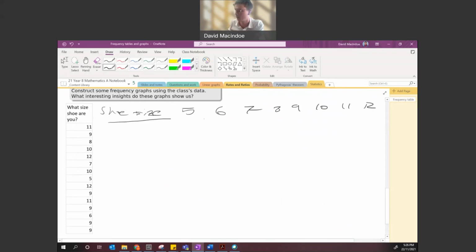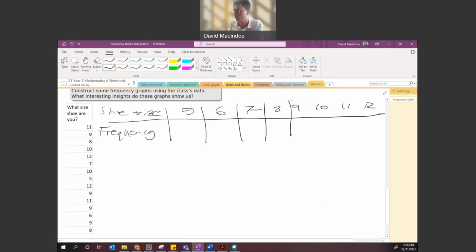Then what I'll do is I won't tally this time. I'll just count the frequency. That can probably be pretty okay. So if I look for 5s, there's only 1, right?